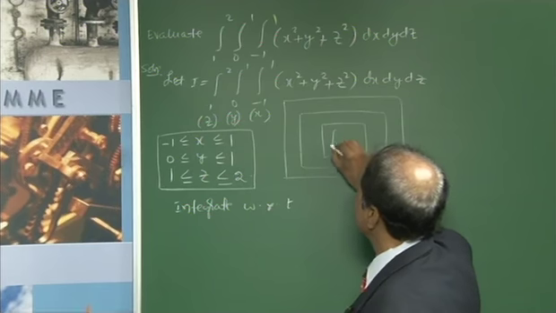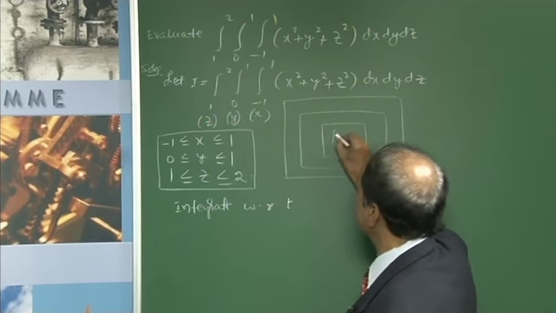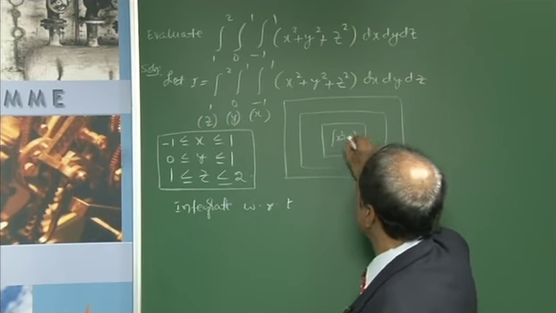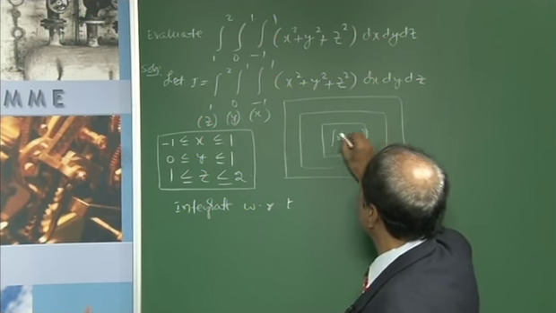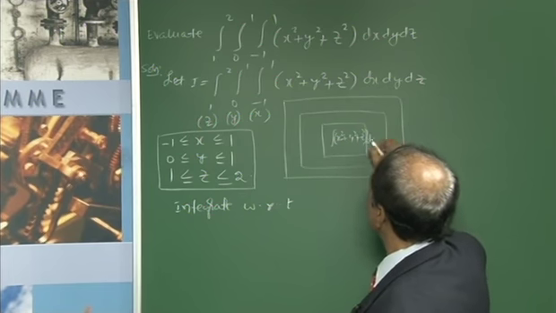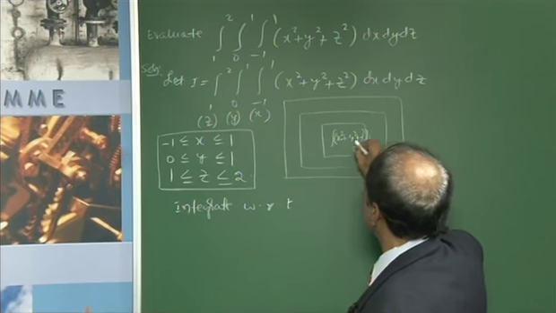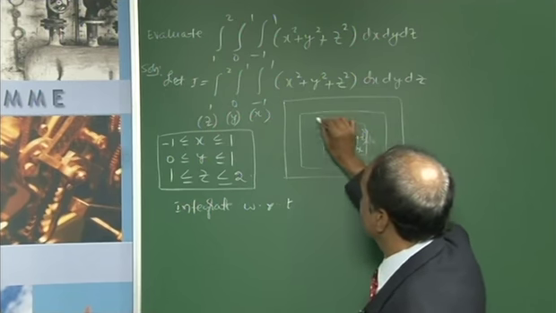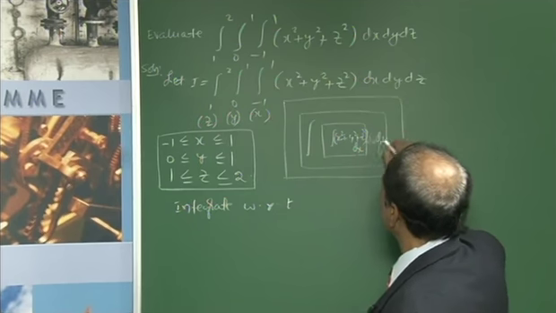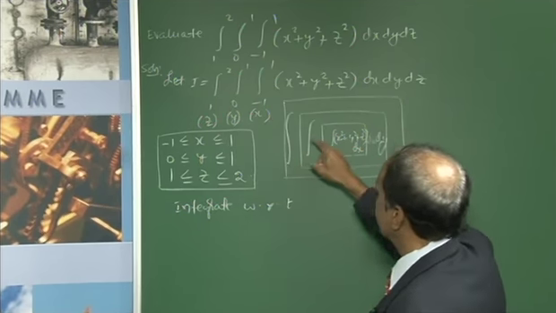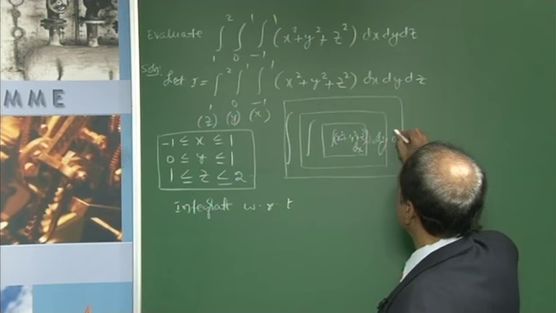Now this is the triple integral of x square plus y square plus z square: dx for the innermost integral, then dy for the middle integral, then dz for the outermost integral.